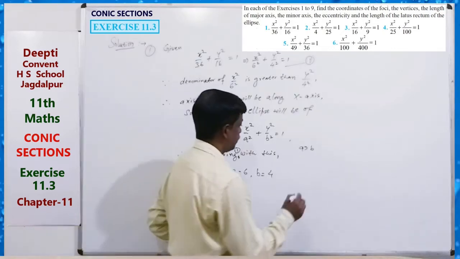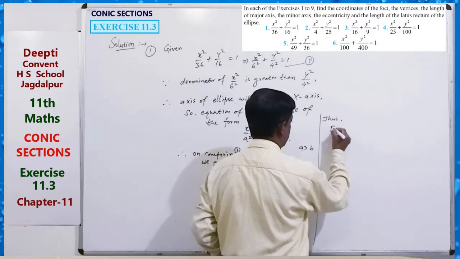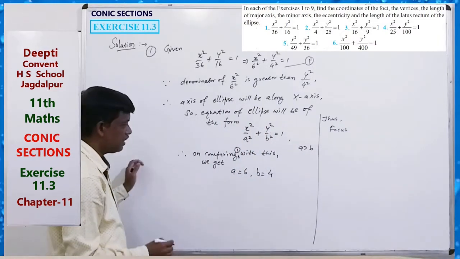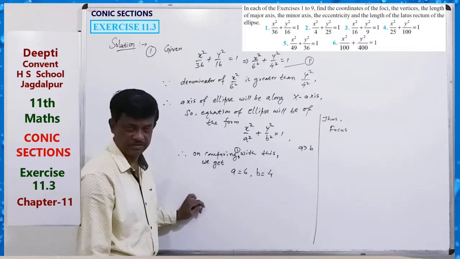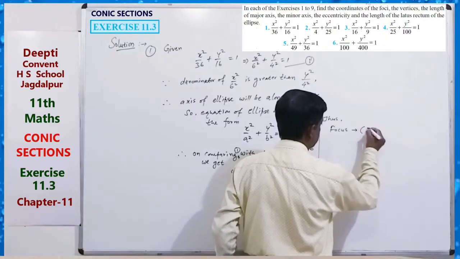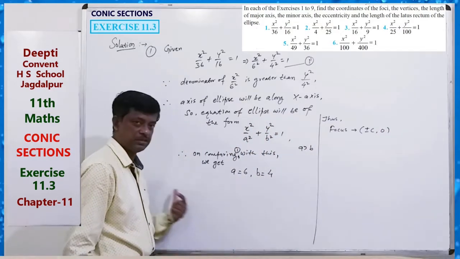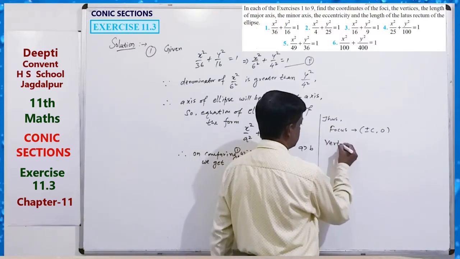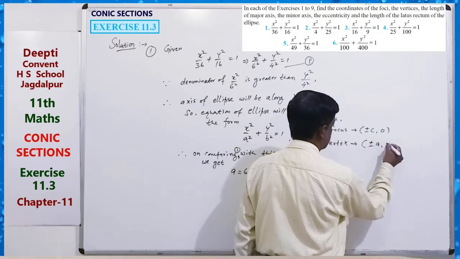First of all, the focus. Here a and b are known. Now we have to find c, because focus is plus minus c, 0. Two foci are there, c 0 and minus c 0, and vertices plus minus a, 0.